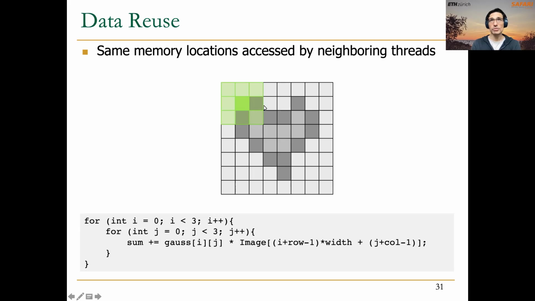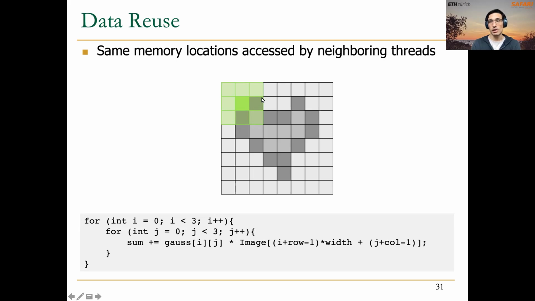But the interesting observation here is that some of these pixels are also going to be accessed by other threads computing the corresponding output value for other pixels. For example, we'll have one thread computing the output for this pixel, but we have another neighboring thread computing the output for this pixel here.